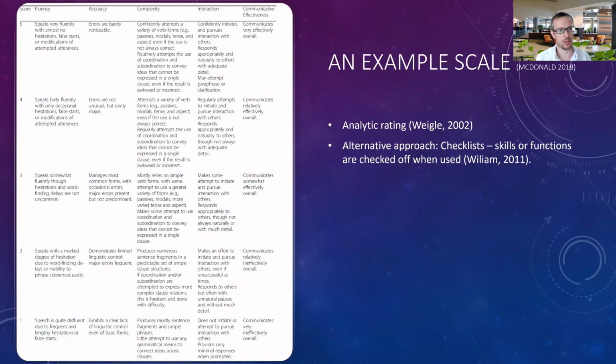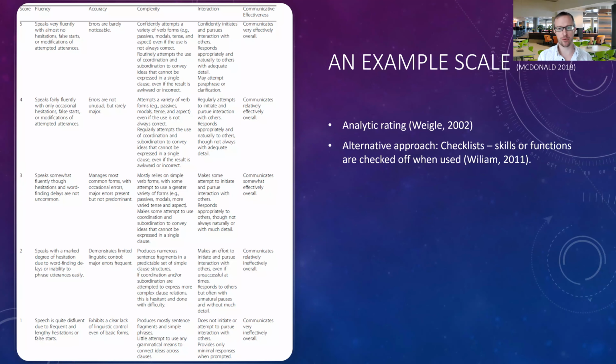The interaction category would be the one that targets interactional competence. This type of scale is known as an analytic rating scale, where there are several categories and then several scores, in this case 5 points available, with descriptors to describe each point on the scale.